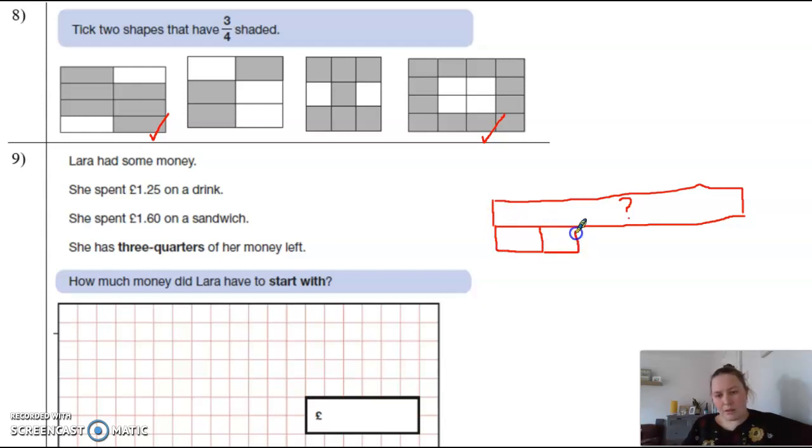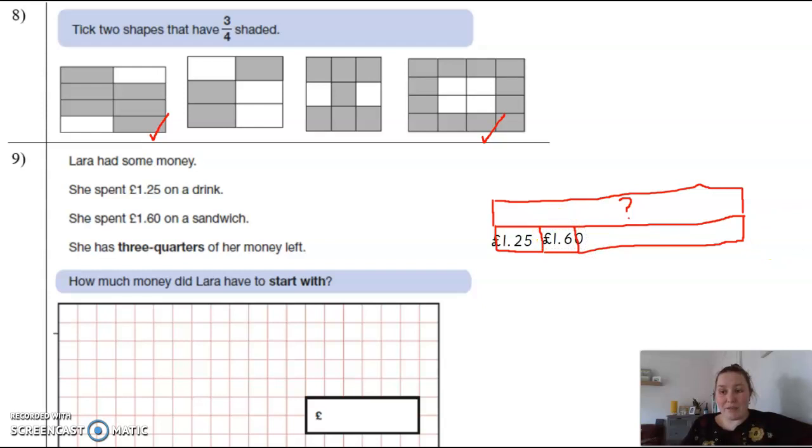We know that she bought a drink, she bought a sandwich. So her drink was £1.25. Her sandwich was £1.60. So she spent that and she spent that.